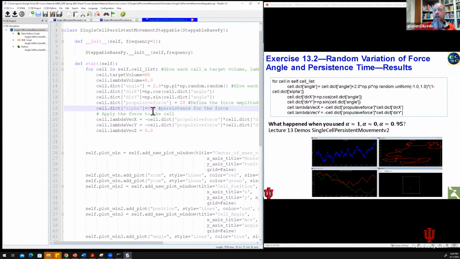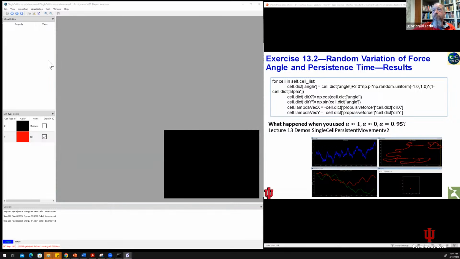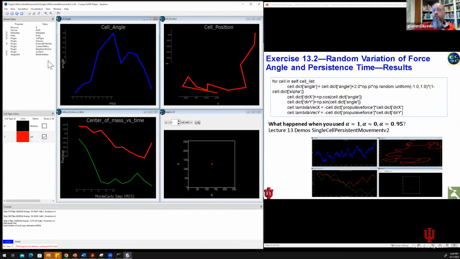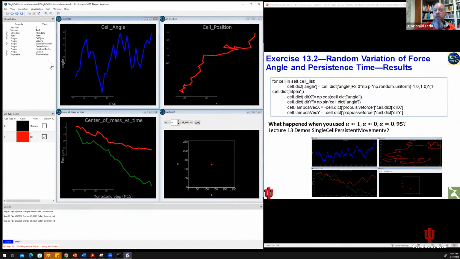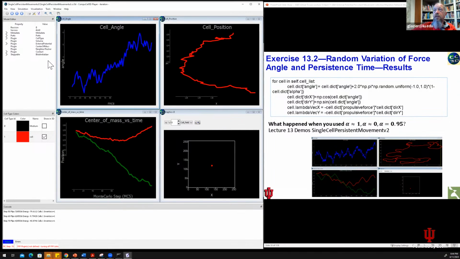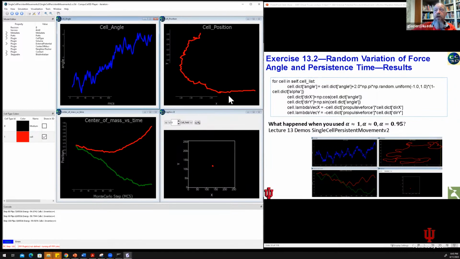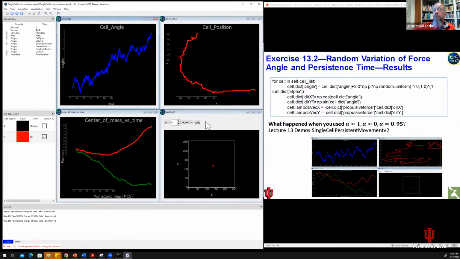And let me try an alpha of 0.95. So that should have a moderate persistence time. Takes a little while to see what's going on, but the cell is going in a given direction for a while and then turning around.